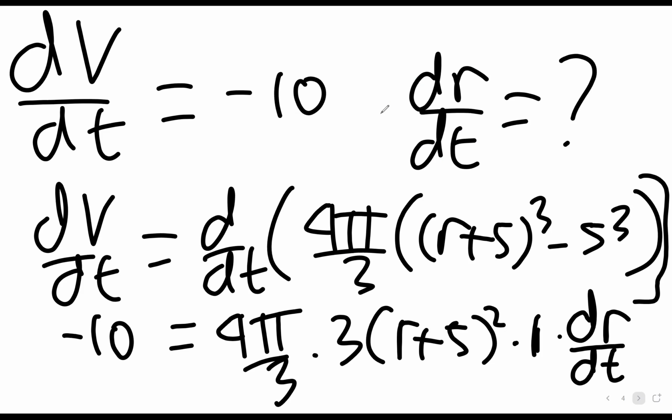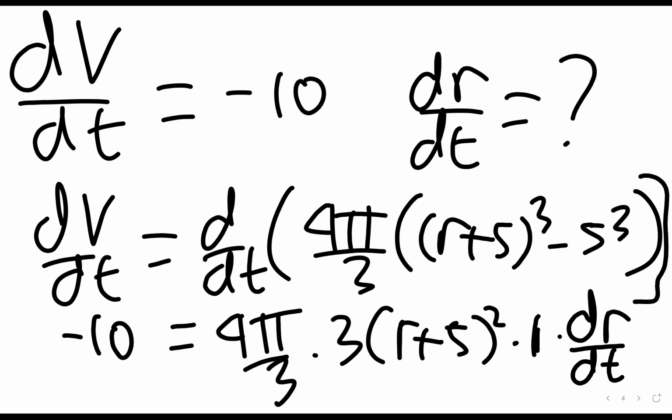We are given the information that the volume decreases at the rate of 10 cubic centimeters per minute, so dV/dt is minus 10. Please pay attention to the minus sign there. And the question asks how fast the thickness of the ice layer decreases.